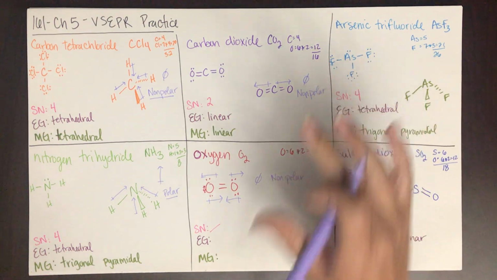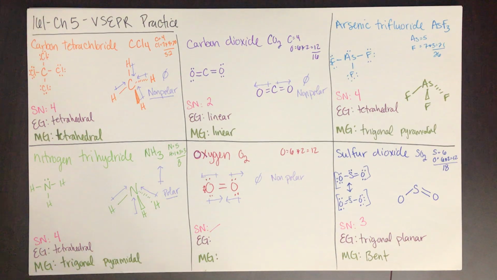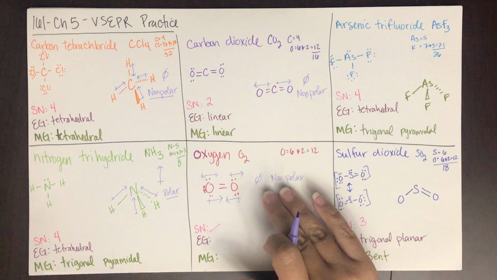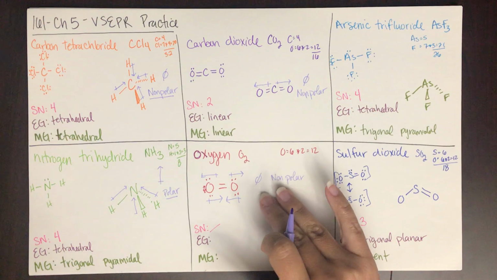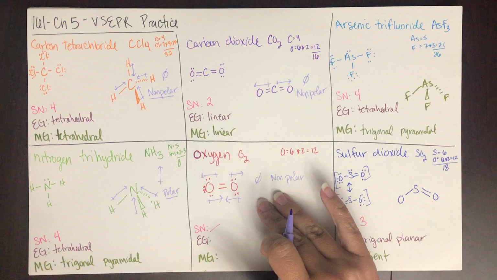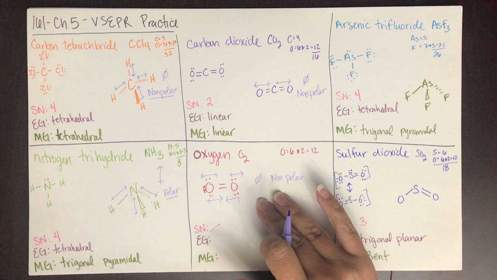This is really important, especially in biochemistry. If you ever take any biochemistry classes, we have a molecule in our blood called hemoglobin, and the whole job of hemoglobin is to transport oxygen. I always ask a question on my biochemistry exam: why do we need a molecule to transport oxygen? And almost all of the time, people can't think of why.